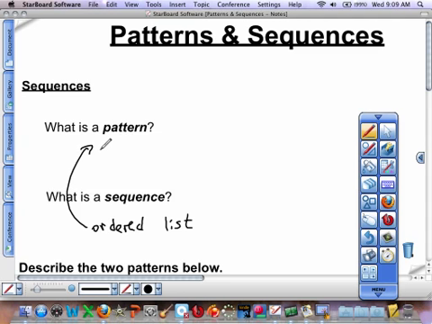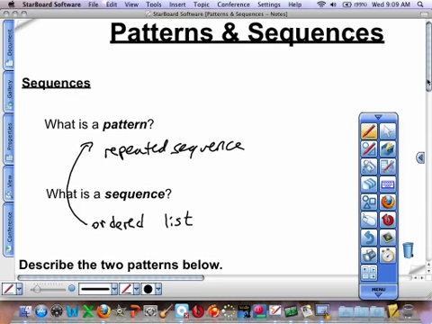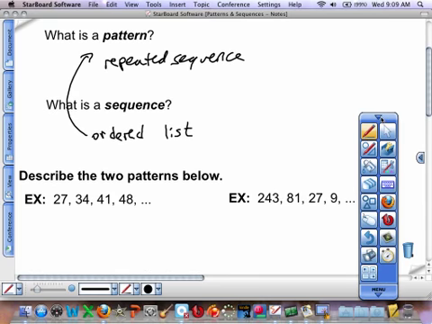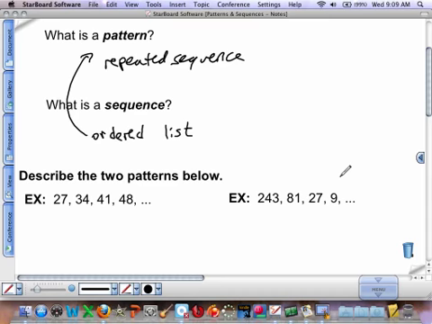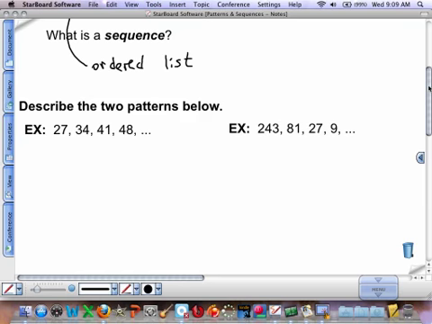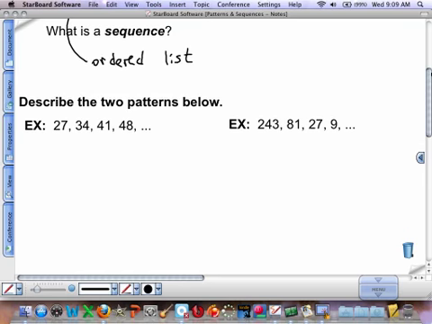It's a repeated sequence. So let's take a look at a couple. Describe these two patterns for me. What's happening in each pattern?